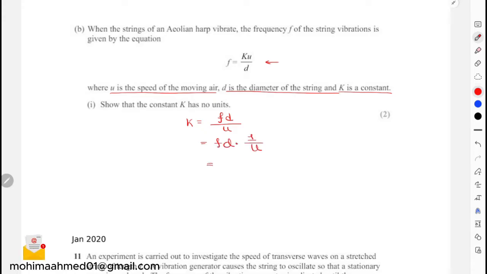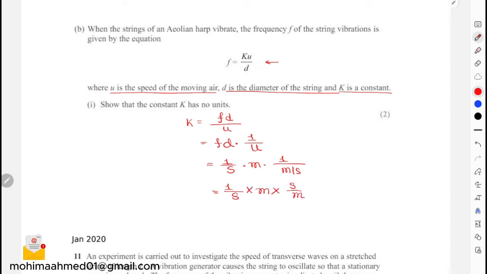In this case, frequency is hertz, but hertz is a derived unit. You have to break down hertz into its base unit, which is 1 over second, and distance is meter. Velocity over here is itself meters per second, which is going to be 1 over meters per second. That can be written as 1 over meter per second.